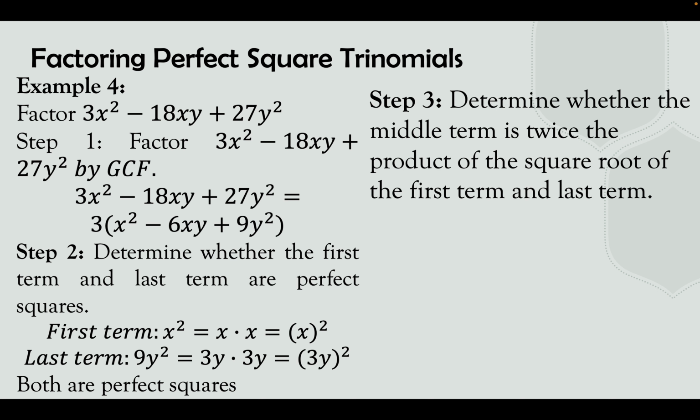Determine whether the middle term, negative 18xy, is twice the product of the square root of the first term, which is x, and the last term, which is 3y. So we will use negative 6xy. Negative 6xy equals negative 2 times x times 3y. So we have negative 2x times positive 3y, which is negative 6xy.